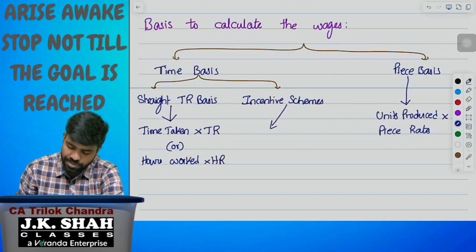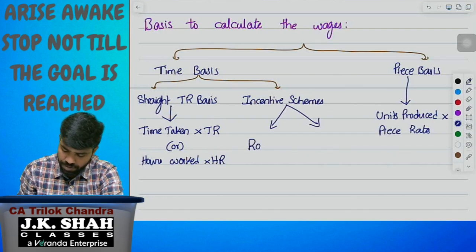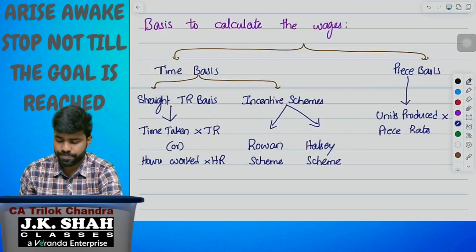When it comes to incentive schemes, there are two incentive schemes. Number 1, Rowan scheme, and number 2, Halsey scheme.